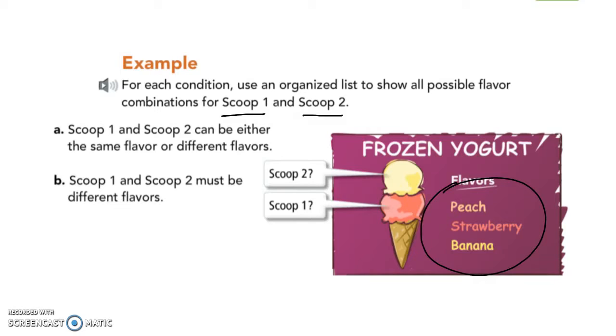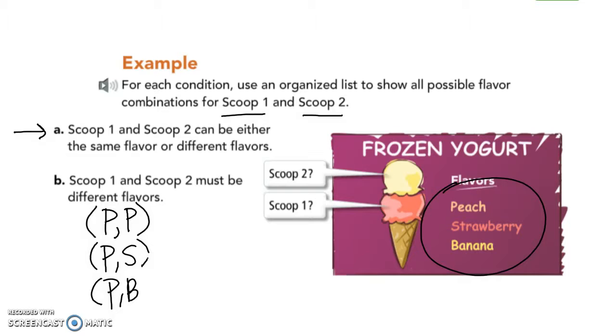For A, scoop 1 and scoop 2 can either be the same flavor or different flavors. So let's get started. I'm going to start with peach, and then peach, peach, and then strawberry, peach, and then banana. Okay, then scoop 1, let's start with strawberry as scoop 1 this time.